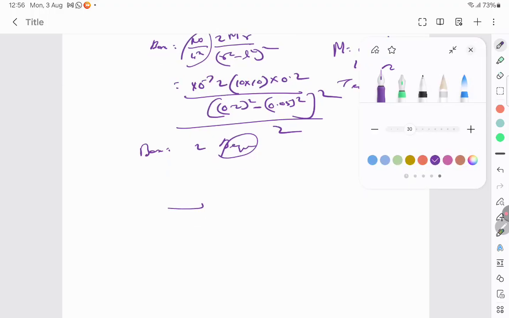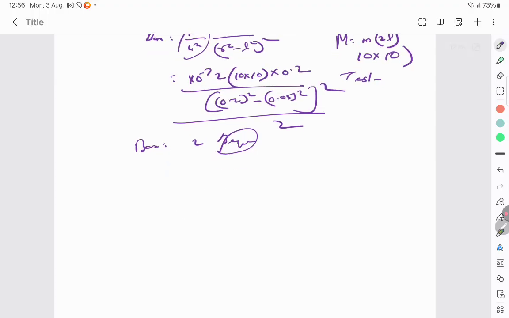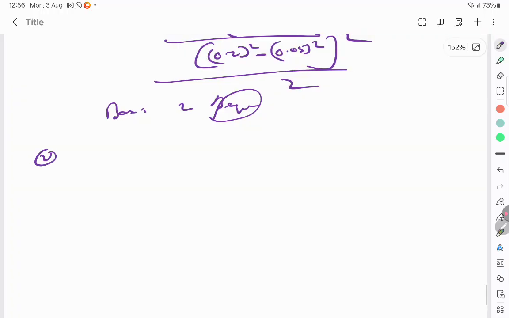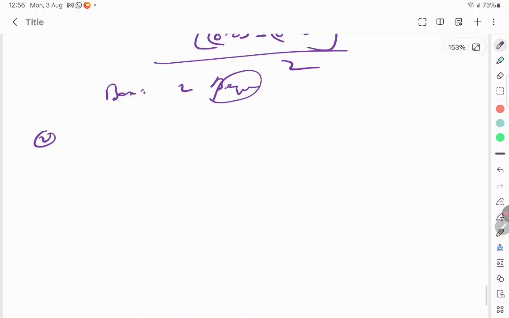So the next question is this. Two small magnets are placed horizontally, perpendicular to the magnetic meridian. So let's consider this to be the magnetic meridian. Now I'm going to place a magnet perpendicular to the magnetic meridian, which means I'm going to place it to the east and to the west.